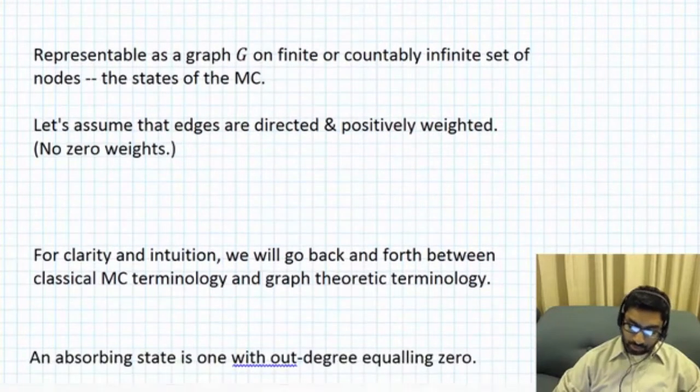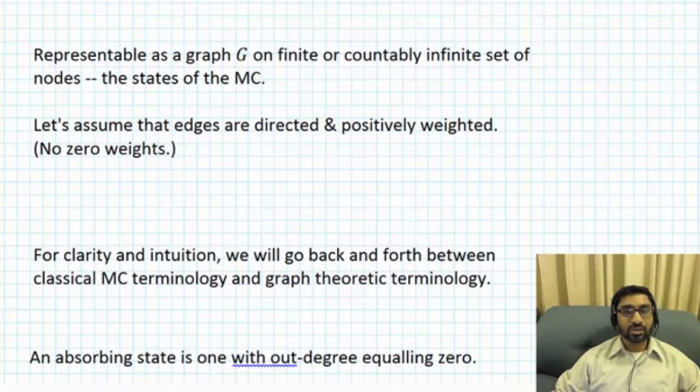Okay, and also to remind ourselves, a Markov chain can be represented as a graph in which the nodes are the states of the Markov chain, and the edges are directed and positively weighted, and those positive weights can be thought of as probabilities. So if you add up the weights of the edges going out of a state, it has to be 1.